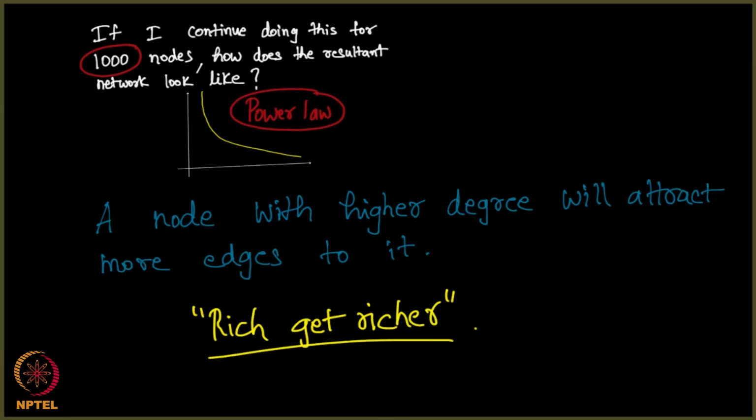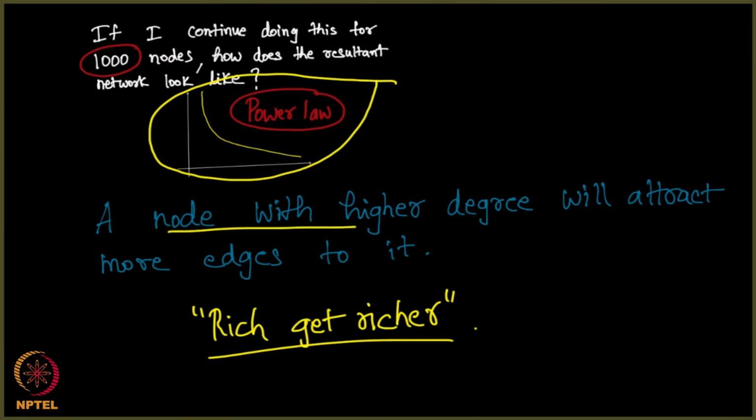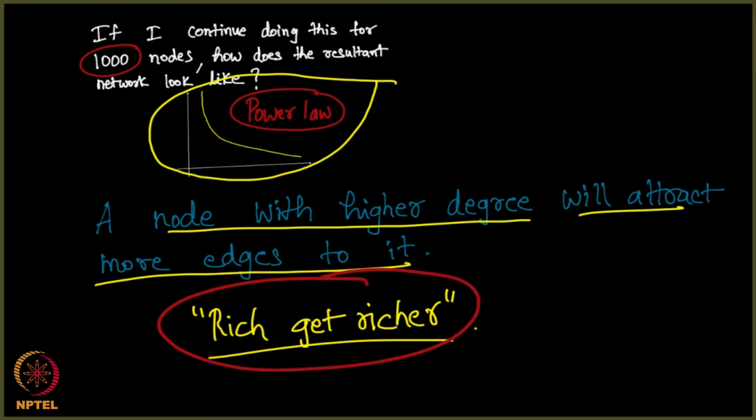You see? And surprisingly, such an algorithm, such a protocol, such a mechanism of developing networks results in the emergence of Power law. A node with higher degree will attract more edges to it. This phenomenon is called the rich get richer phenomenon, and we observe Power law in such networks.